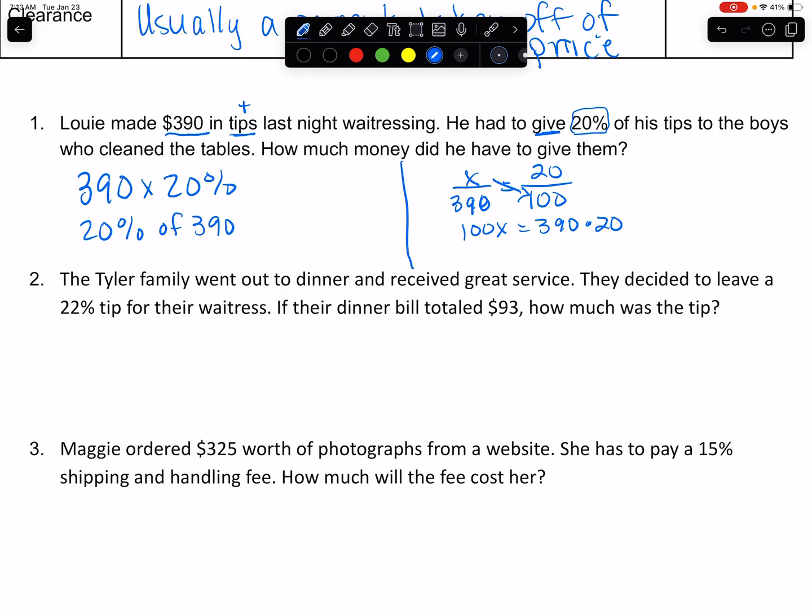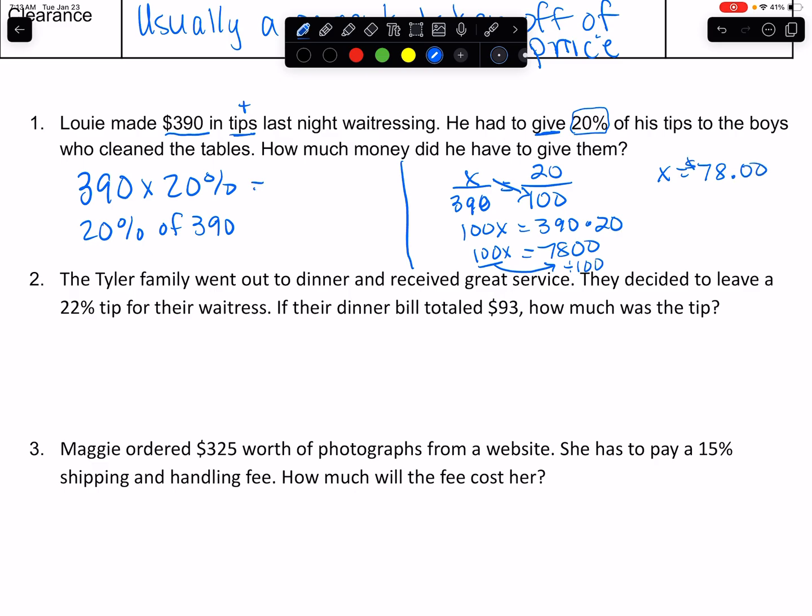I'm going to make sure that my math is correct. 390 times 20 equals 7,800 equals 100x, and then my next step is to divide. That's why I wrote it on a whole new line. So x equals 78.